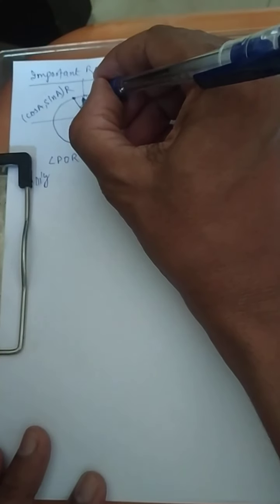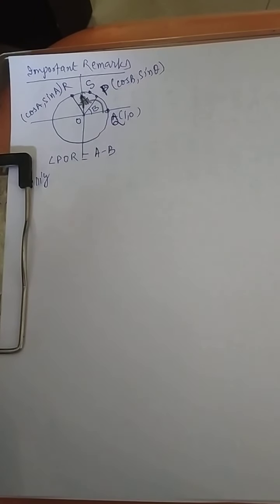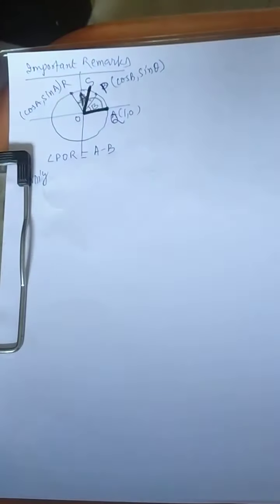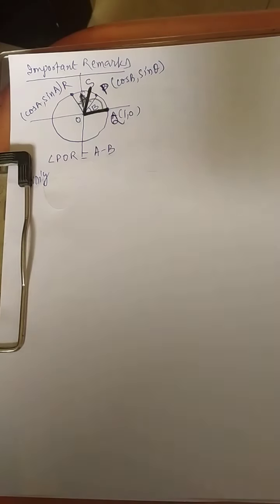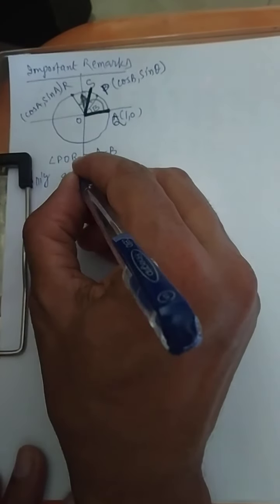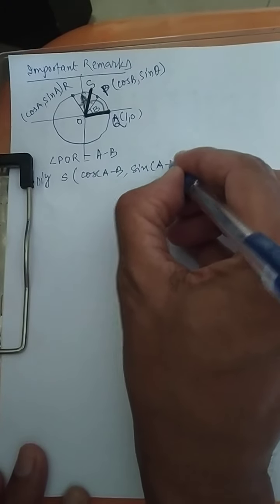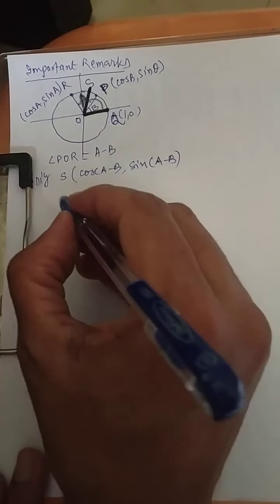Similarly, I am going to mark one more point on this arc and call this point S, and SOQ will be A minus B. If this angle is A minus B, then the coordinate of S will be cos of A minus B, and over here sin of A minus B. Now there are two A minus B angles.